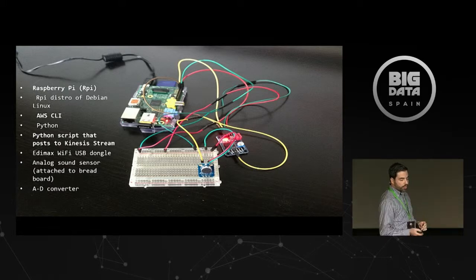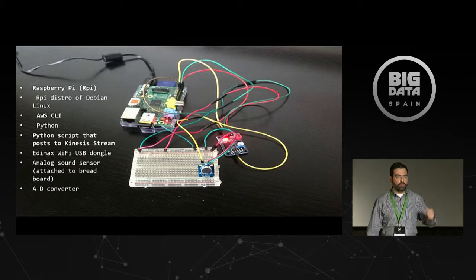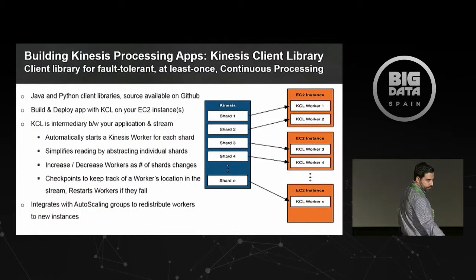And those can stream directly into Kinesis if they're given the right temporary credentials. In this example, we have an analog sound sensor that streams information about some kind of sounds, perhaps the noise level, etc.